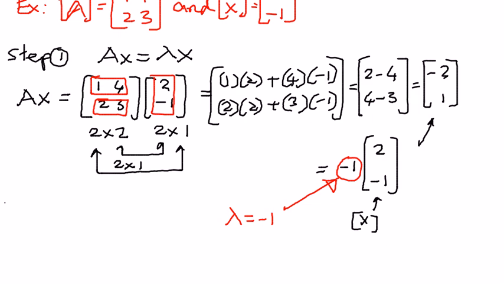We have shown that in this solution that lambda is embedded in the solution, and when we pulled it out as common, we were able to see that, and this lambda is what is called the eigenvalue of the given matrix A.